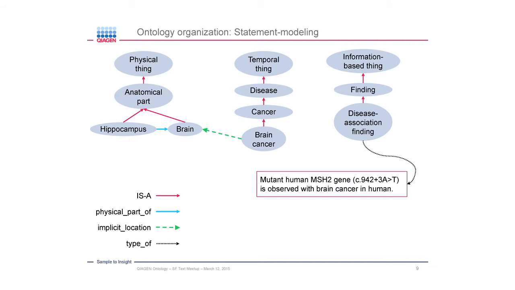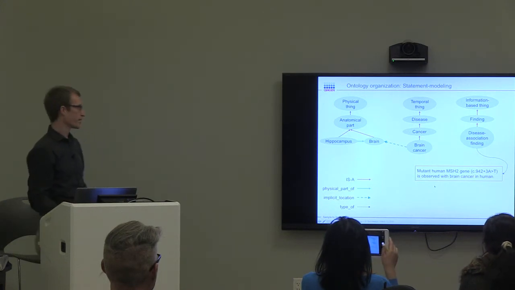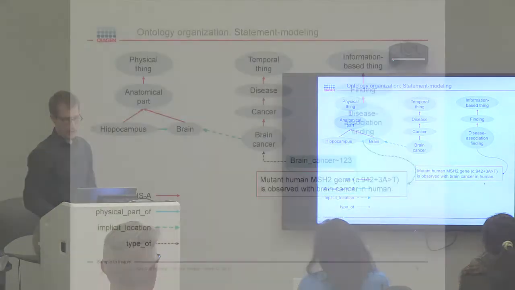An example might be a particular disease being associated with a particular mutation. So we see here a particular mutant gene, and this cryptic thing here is the description for a particular mutation. Has been observed with brain cancer in human.